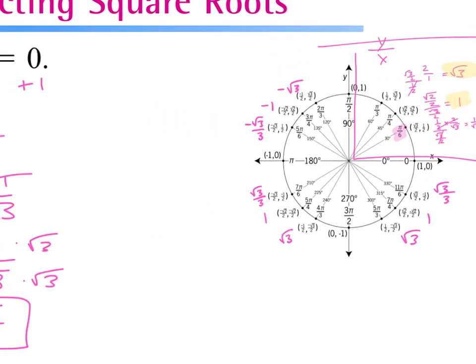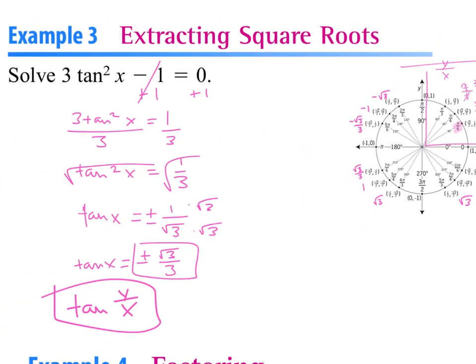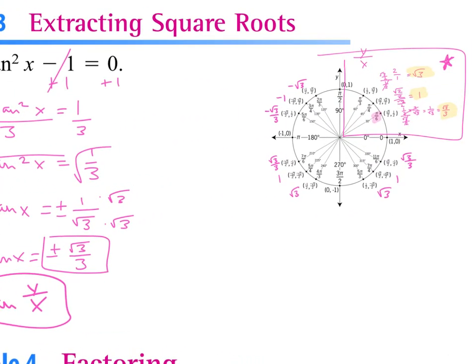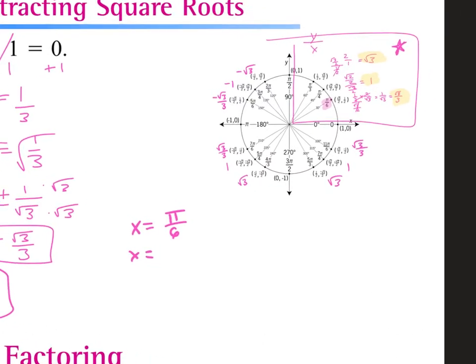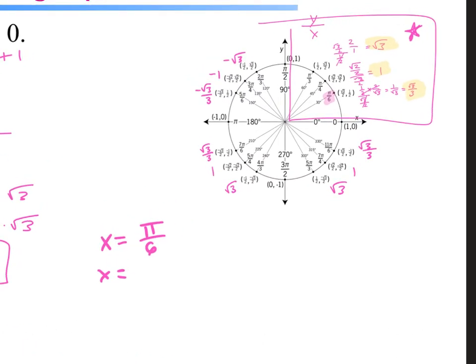So we're looking for a positive or negative square root 3 over 3. So what are values for x? So we said pi over 6 works. Where else do we have a positive or negative square root 3 over 3? 7 pi over 6. Where else? So we got this one, we got this one.